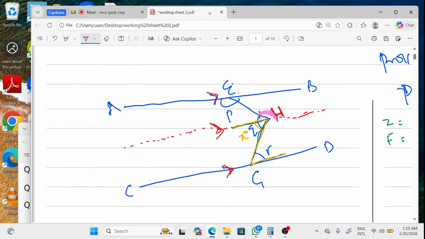Okay, can you see that arc? Now you notice that there's also a Z angle, but the Z angle is in this form, so that this place is alternate to this place. So if this is P, then this part is also equal to P. Do you understand? That's the angle at point H. I don't know if you're getting me.